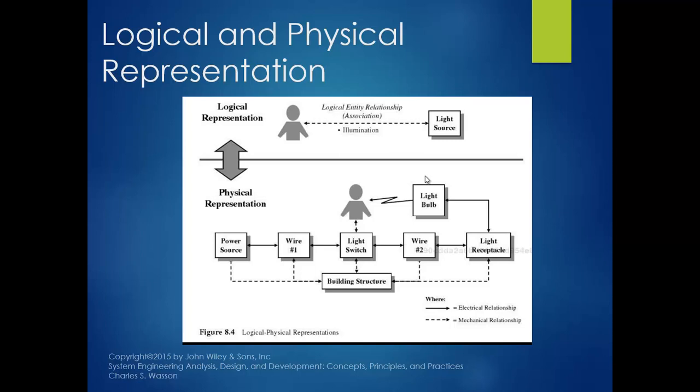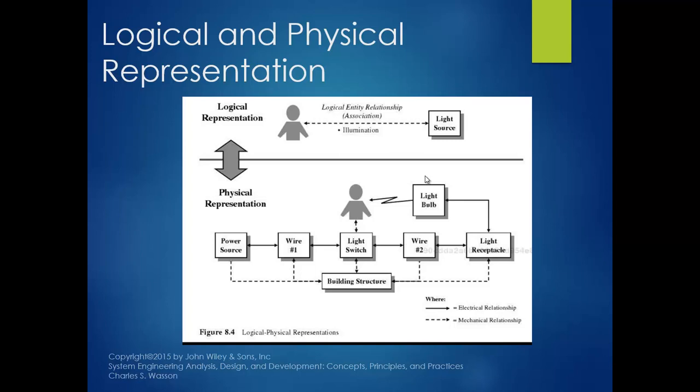Now you can see that we have the dotted line and we have the straight line. The straight line is an electrical relationship, so we are actually identifying the interaction between the different parts or elements of the system. And then we have the mechanical relationship, and that's the dotted line.